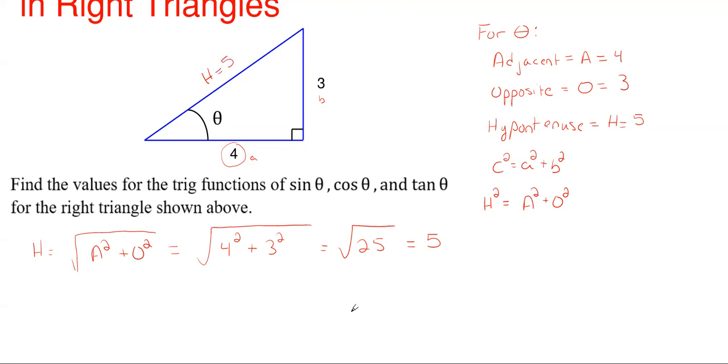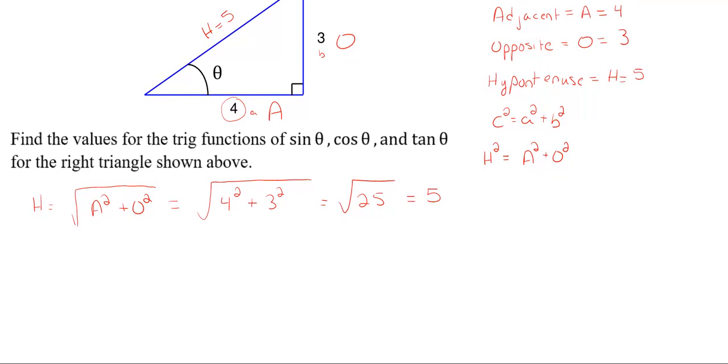Okay, so now that we have the adjacent side marked, the opposite side marked, and the hypotenuse side marked, we can actually start writing out what the sine, cosine, and tangent of the angle are. So let's go ahead and start writing these trig functions out here. The sine of the angle theta is going to be equal to the opposite side over the hypotenuse.